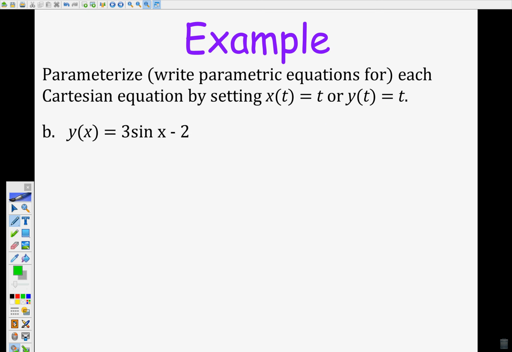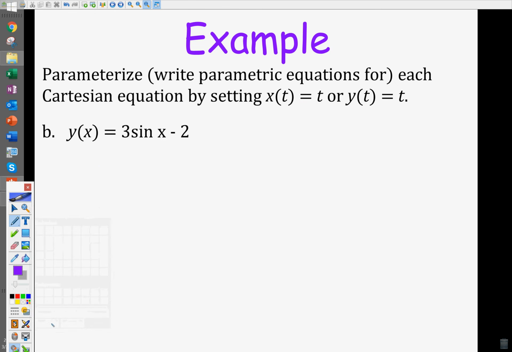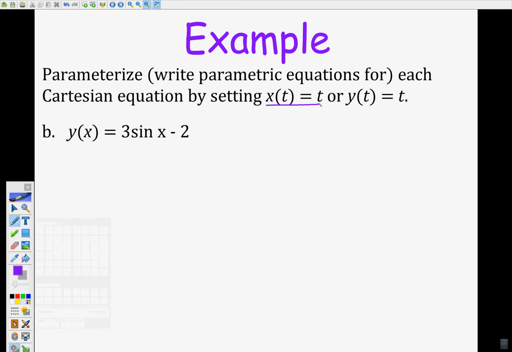To prove my point and how easy it is, let's do one more example. I'm going to start out the same way. I'm going to make x of t equal to t, which remember is just another way of saying x is equal to t. So now I come back to my y equation, and every place I see an x, I'm going to plug in t.